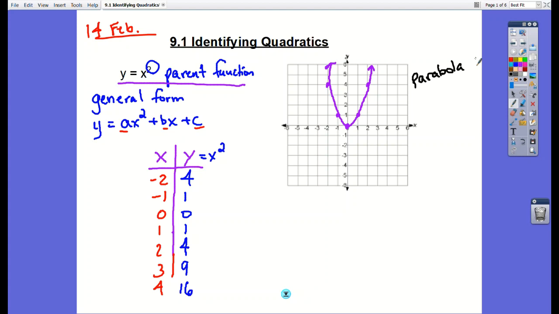So far we have 2 ways to tell if you have a quadratic function. Identifying quadratics: one way is anything to the second power. That's a quadratic. The second is that you have a parabola graph, or that U-shaped graph.